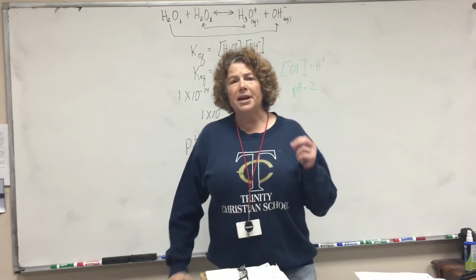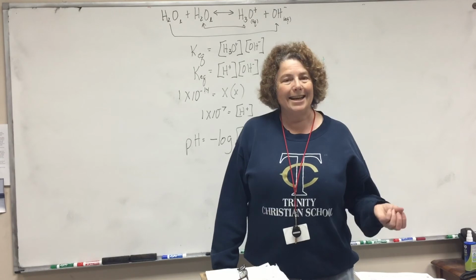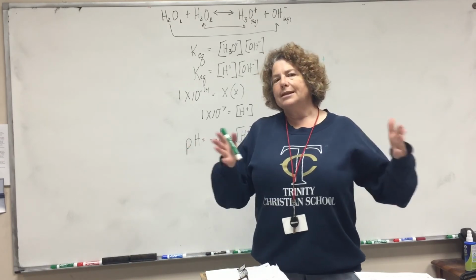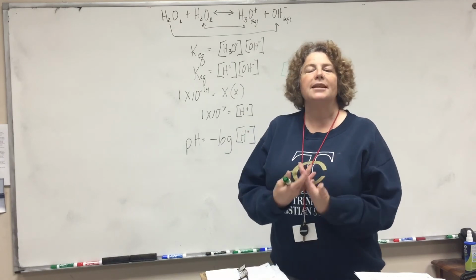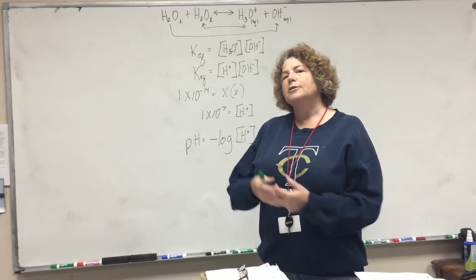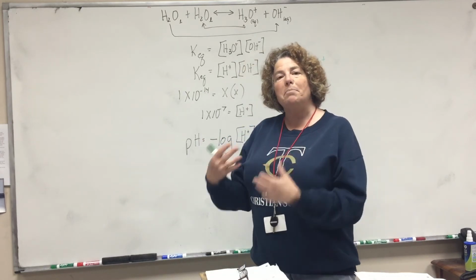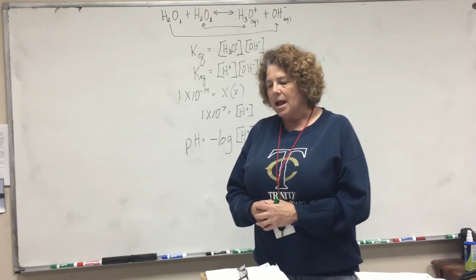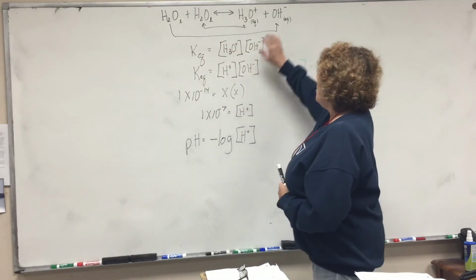Now notice, the bigger the concentration of H plus ions, the more acidic it is. The acidity is based on the H plus ions. If it has more OH ions than H plus ions, then it's going to be basic. Okay? So can we do the same thing with concentrations of OH?